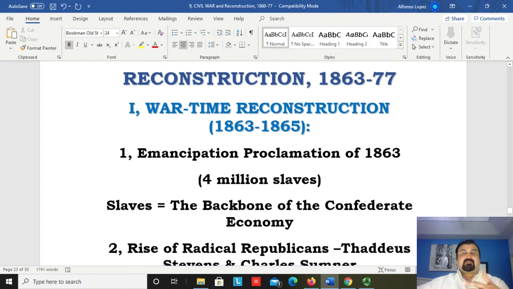It's rebuilding the nation, but we're not going to take the South back the way it was in the past. There have to be certain changes, certain reforms that the South has to go through before we once again accept it back into the Union. So that's the whole idea of Reconstruction: rebuilding, reuniting, and reforming.